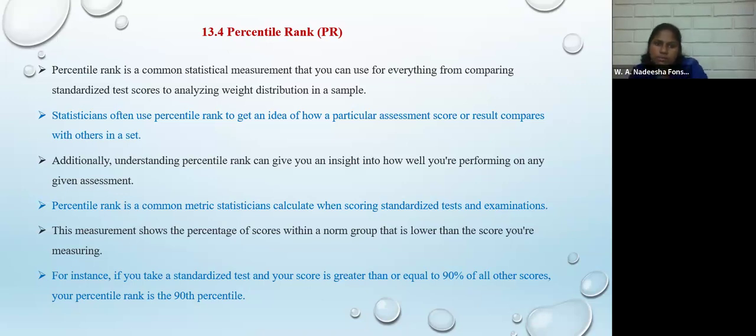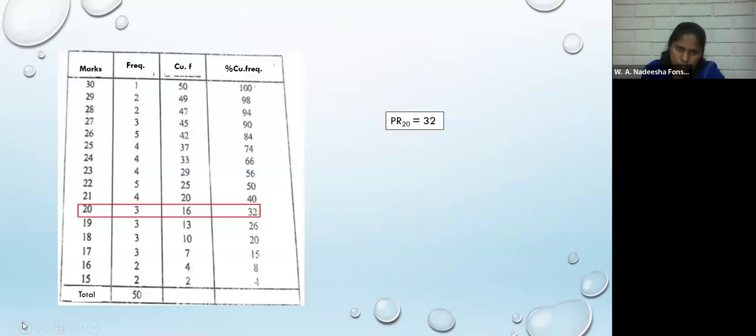This is the example. This is the marks. Then frequency is here, cumulative frequency here, percentage cumulative frequency is here.